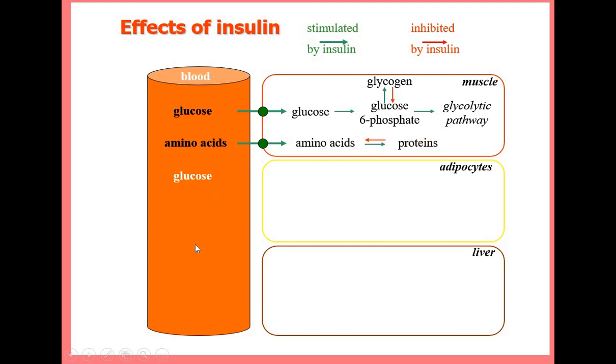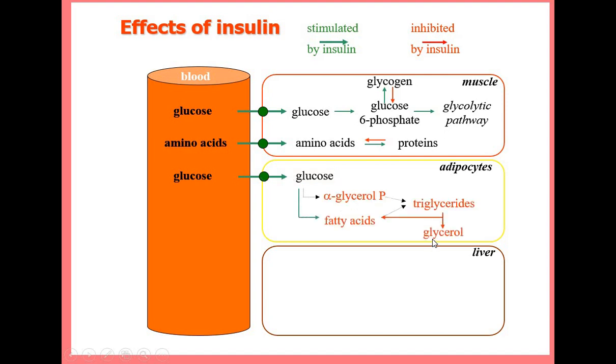Similarly in adipocytes, glucose entry will be stimulated, and then finally the anabolic process, the lipogenic pathway, will be stimulated, but catabolism of fat will be inhibited, that means lipolysis is inhibited.